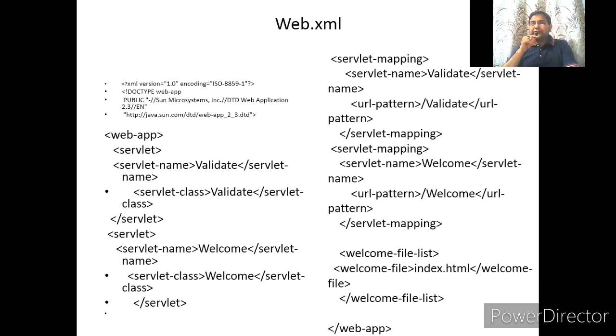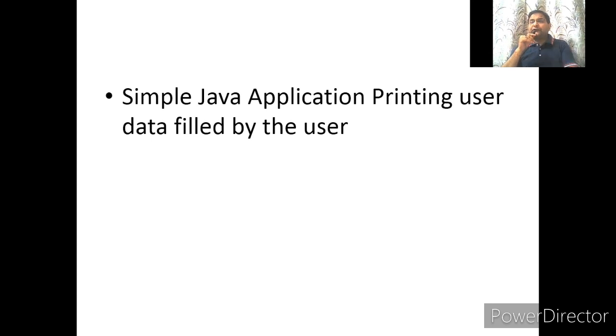Web.xml is an XML file. Its root tag starts with web-app and it contains information about how many servlets are there, how many JSPs are there, and your welcome file. Welcome file means the file which will come first once you run your application.